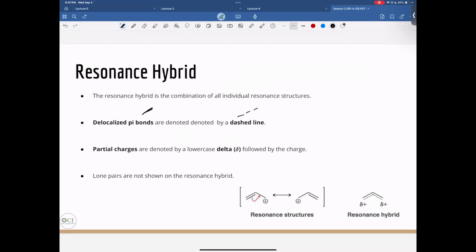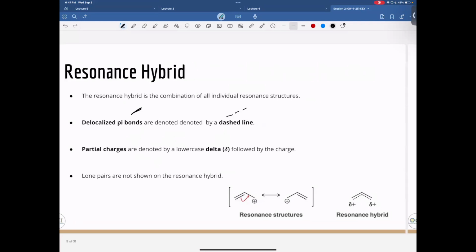And for charges, instead of writing full negative charge or full positive charge, we're going to use partial charges. You guys might remember them from maybe dipole moments in water. This is essentially what we're going to write when writing charges.